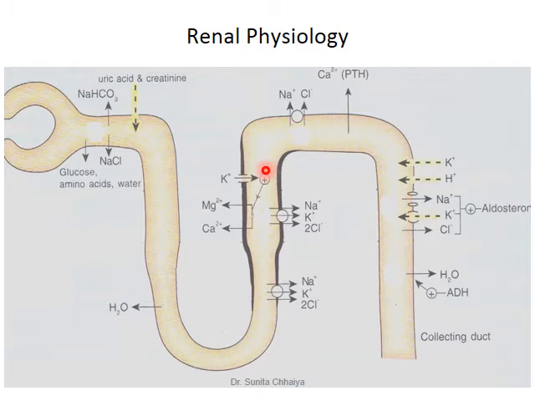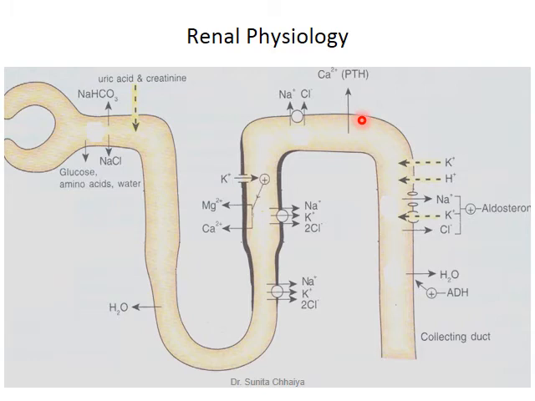So in the tubular fluid there is increased positivity, and that can further enhance reabsorption of calcium and magnesium ions. That reabsorption of calcium and magnesium does not use any specific transport pump, but occurs through paracellular spaces.